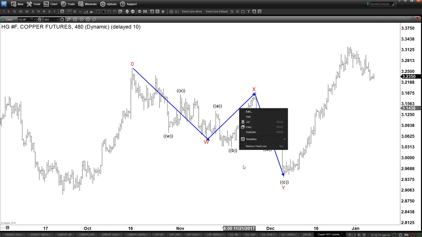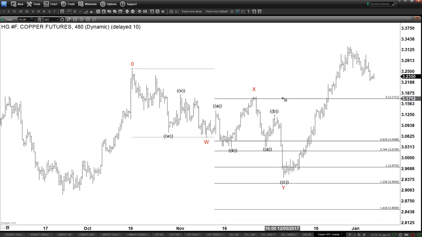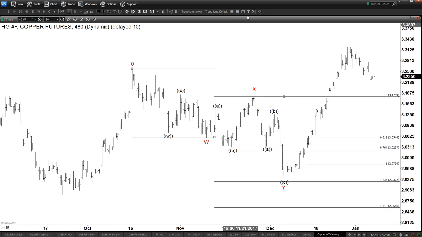So if we do the Fibonacci measurement, we can see that the Y leg ends around, let's see here, you measure WXY, it ends around 100% to 123.6% extension. In other words, wave Y is approximately 100% of wave W, a little bit more than 100% of wave W. Like we said earlier, that is typical.